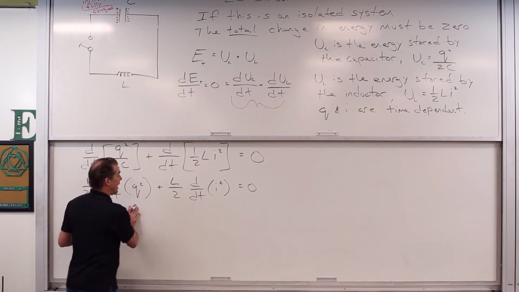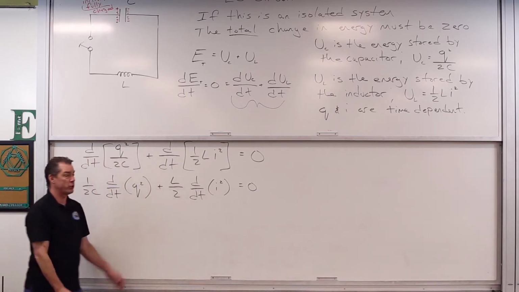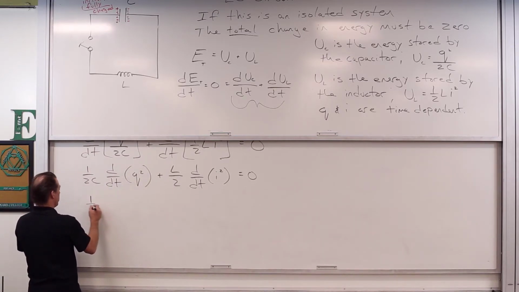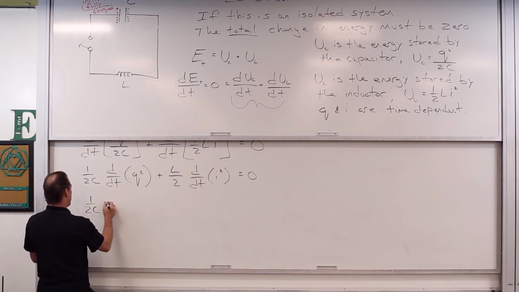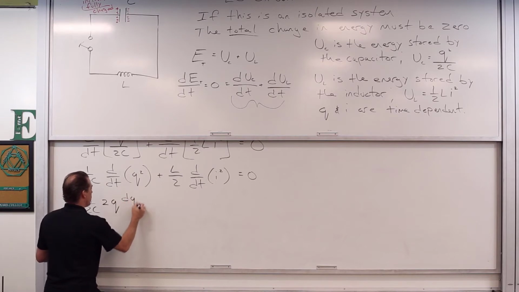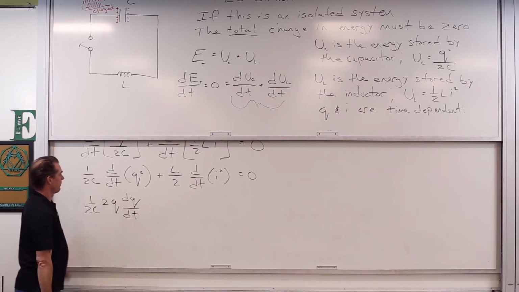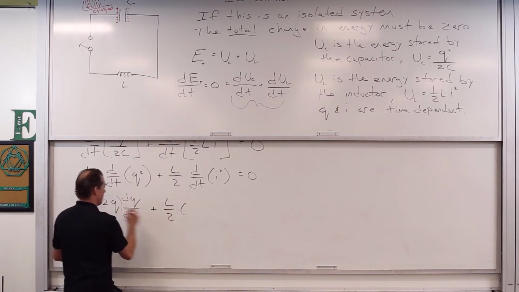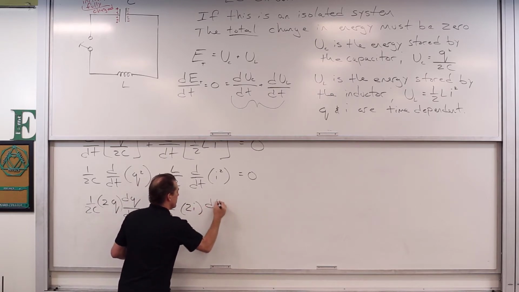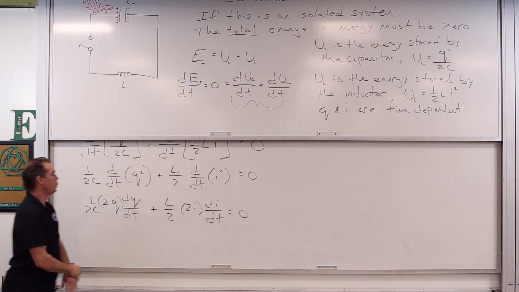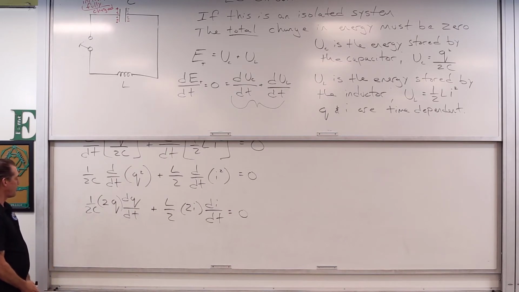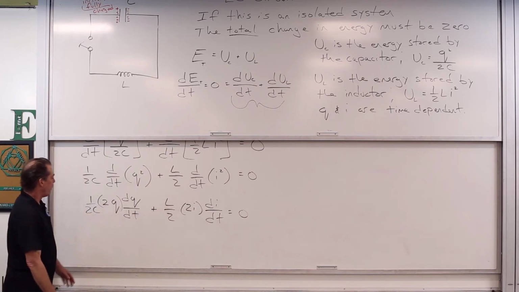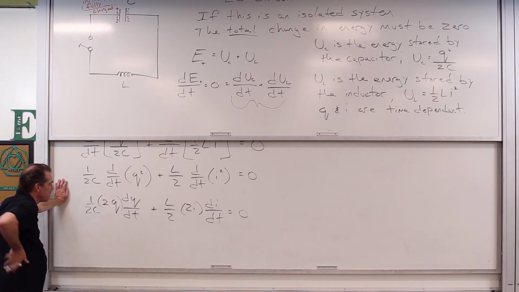And the time derivative of I squared is going to be 2I dI/dt. So this is then equal to 1 over 2C times 2q dq/dt plus L over 2 times 2I dI/dt is equal to 0. We could clean this up a little bit; you see some factors of 2 cancel out.